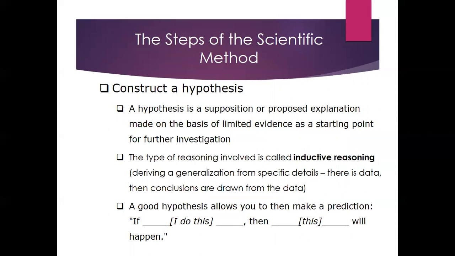As we had previously indicated, a hypothesis is a supposition or a proposed explanation made on the basis of limited evidence as a starting point for your investigation. So notice, on the basis of evidence, limited though it may be, but it is the basis of evidence. So you cannot construct a sensible hypothesis without doing some further research.